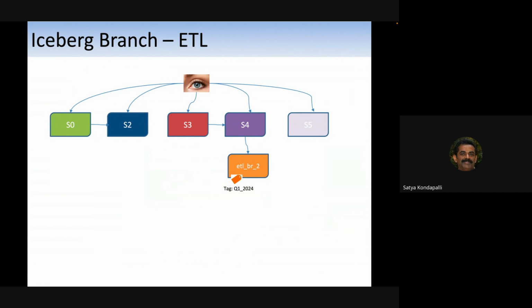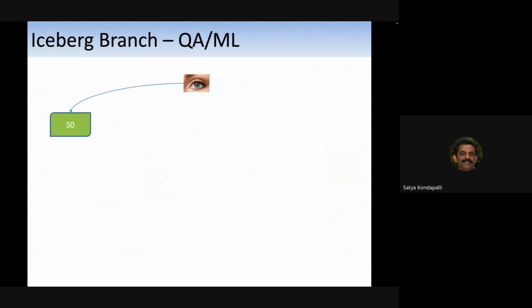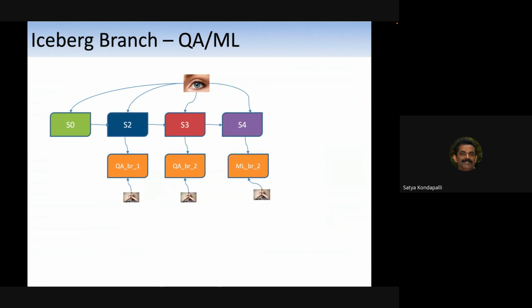Then do the fast forward. Okay. Now let's look at another variation. You just create a branch, test it, and then give it to the end user or QA team. Create a branch, give it to the QA team, and the QA team can insert and delete whatever they want, and then drop the branch later.